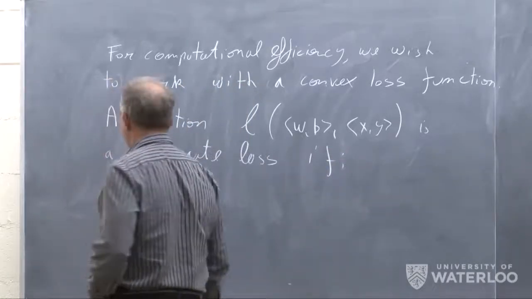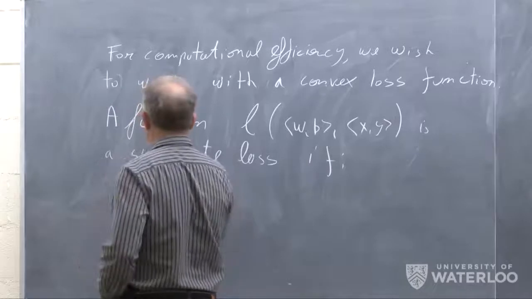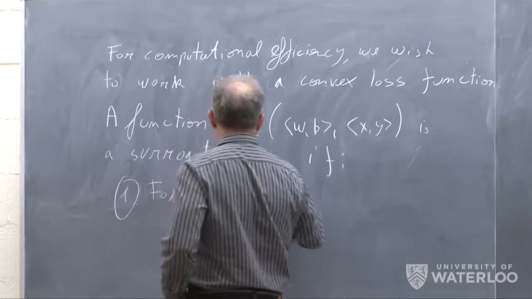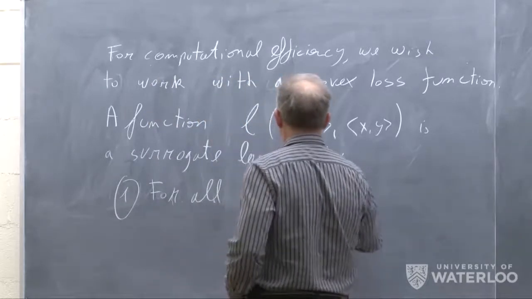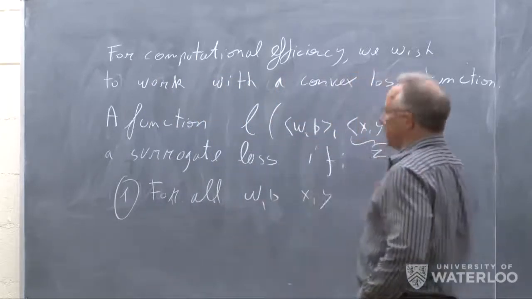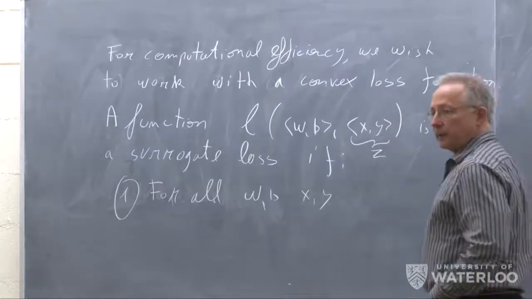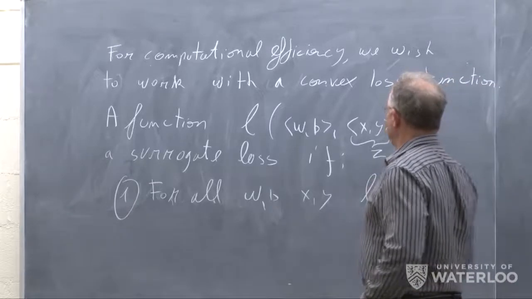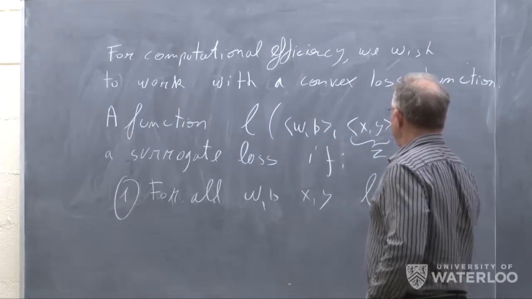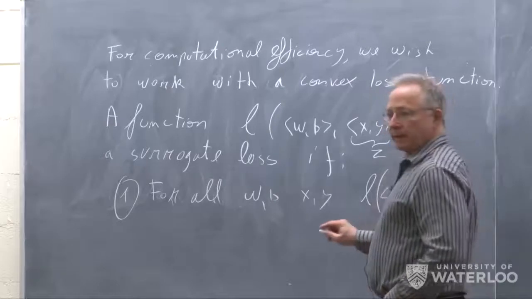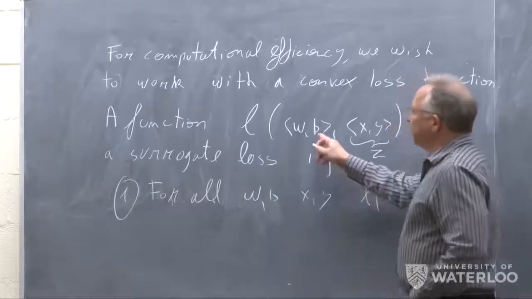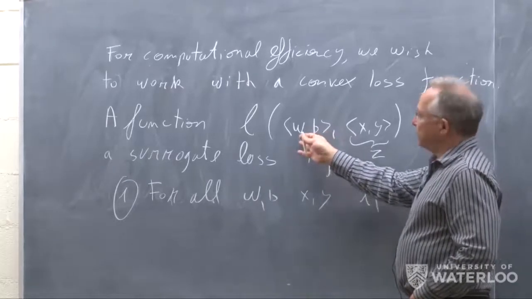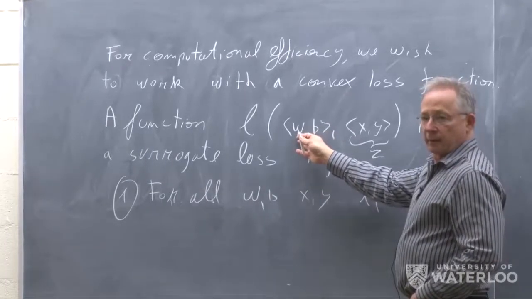One, we want that for all w and (x, y), so last time I called it z, but it doesn't matter, the loss L of this vector w, I can also not have the b here, but we are talking about half spaces.